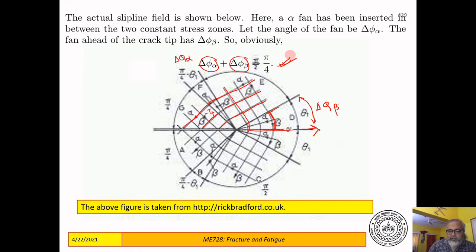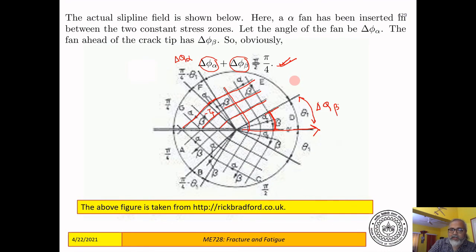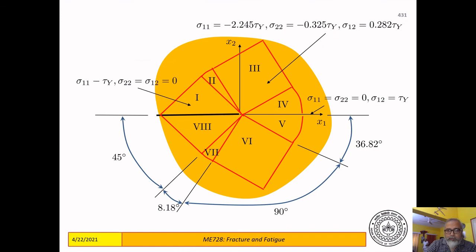If you solve this equation and this equation together, you get theta 1 equal to 36.82 degrees, and the other one, pi by 4 minus theta 1, as 8.18 degrees. So this is your 8.18 degrees, and this is the rest of the 45. For the mode 2 case, this is the slip line field that you have.